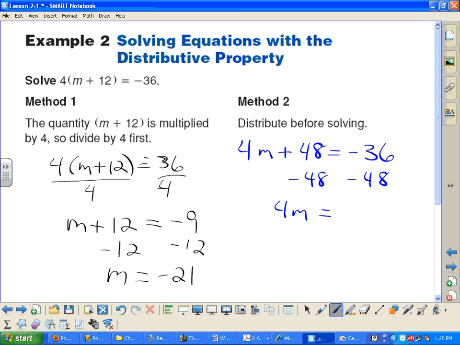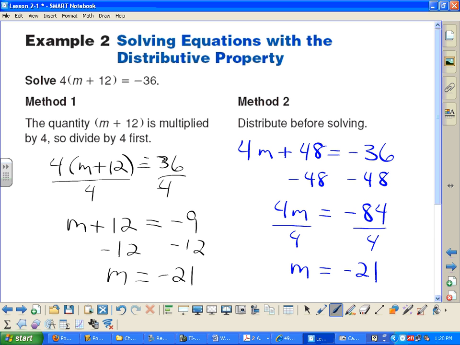Let's see, what is negative 36 minus 48? Negative 84. Okay. All right. Negative 84. You guys agree with that? And divide by 4, and once again, we will get negative 21.